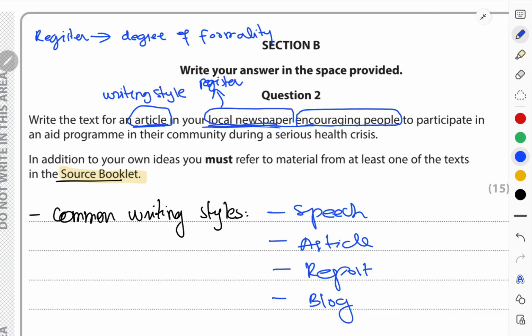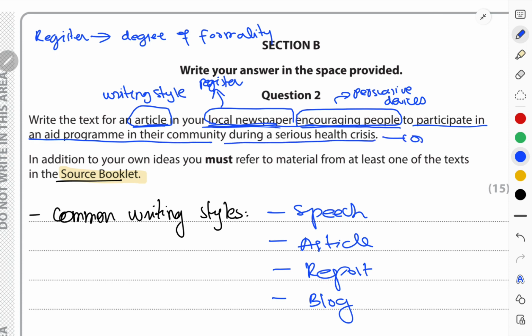This indicates the possible register that you need, because we haven't read the question fully yet. So let's see. You have to encourage people. This means you need to use persuasive devices. What do you have to encourage people for? You need to encourage them to participate in an aid program in their community during a serious health crisis.